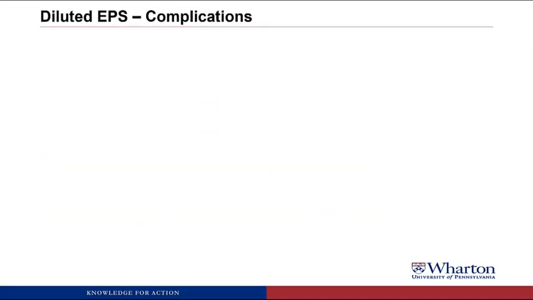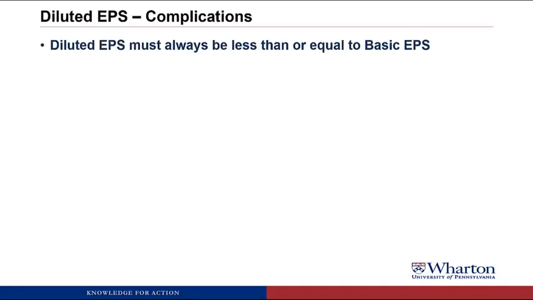So there are a couple of complications that you have to keep in mind when calculating diluted EPS. The big one is that diluted EPS must always be less than or equal to basic EPS. It can never be greater than basic EPS when you finish all the calculations. And to prevent that, there's a number of things that we make sure we do.